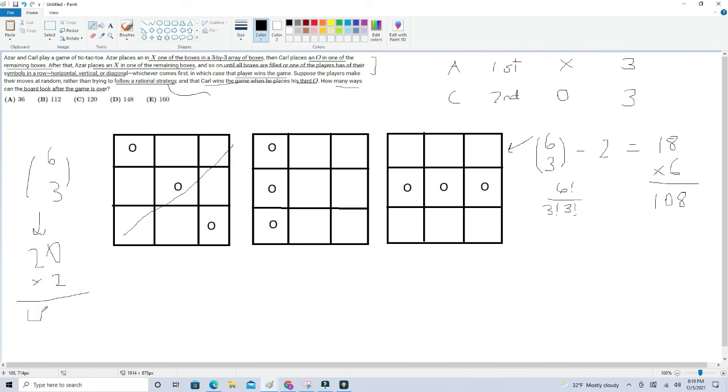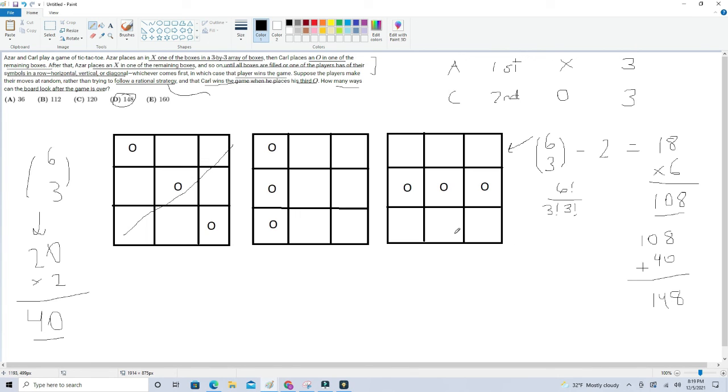This gives us a total of 40 different ways if Carl wins with his O's along a diagonal. Counting up these 2 cases, the 40 from a diagonal, plus the 108 from a row or column, we get 108 plus 40, which is 148. And then we just circle that answer and move on.